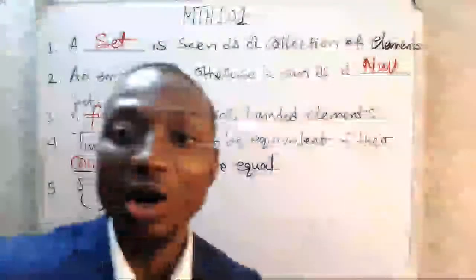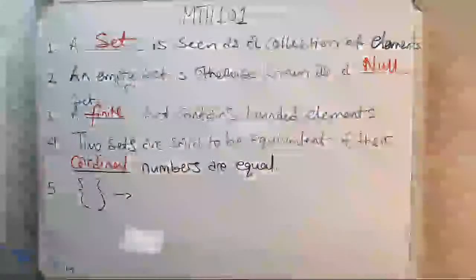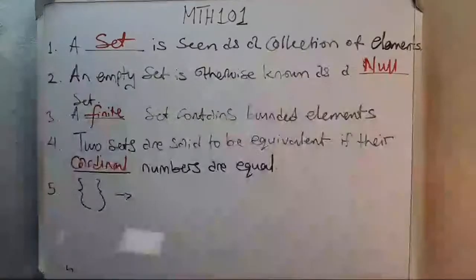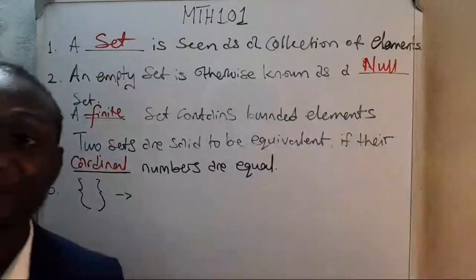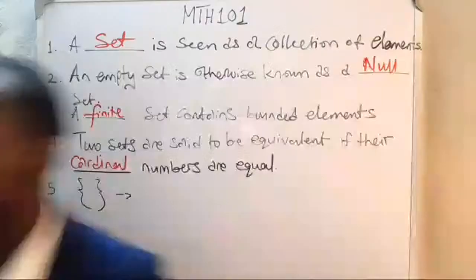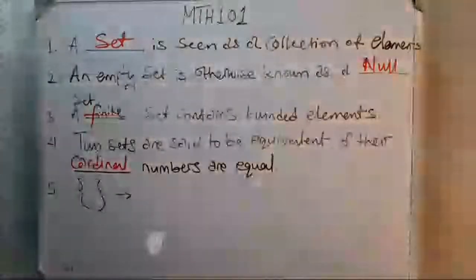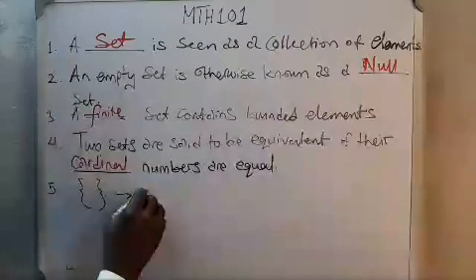The symbol represents what? Yes, it represents a set. And the alphabet figures, the elements of A, they are called elements.